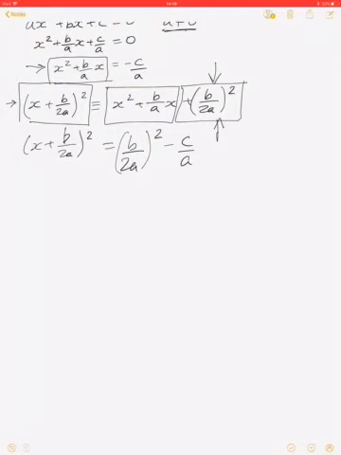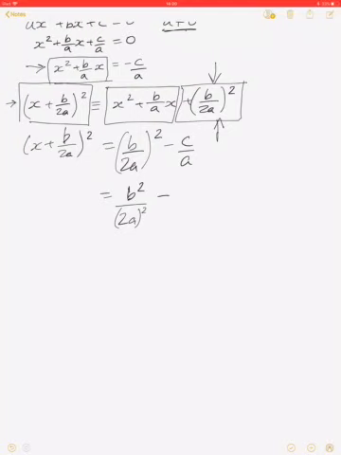Now, if I want to square a fraction, the square of a fraction is equal to the square of the numerator divided by the square of the denominator. That's always true. And so I've got b squared over 2a squared, subtract.